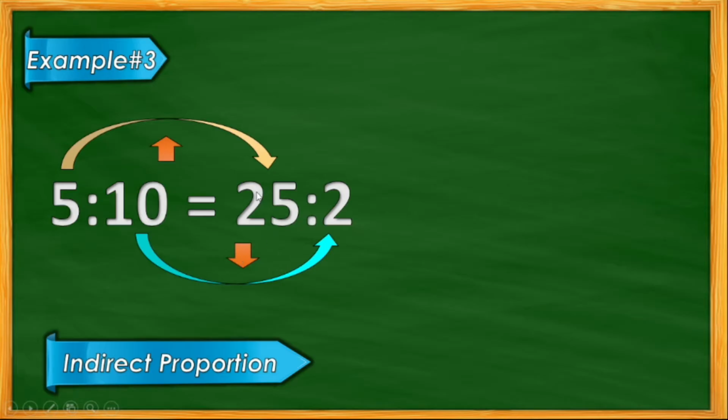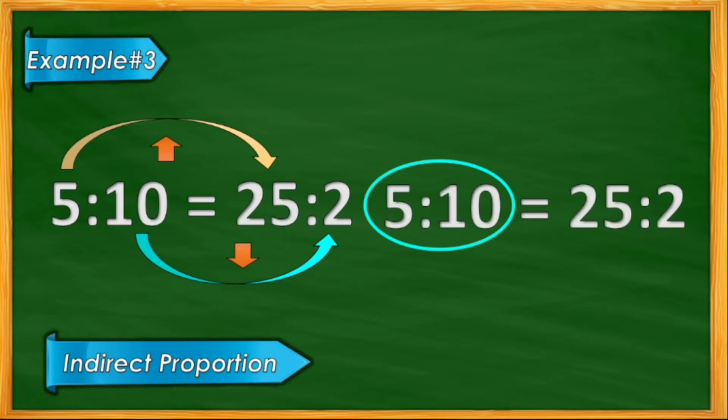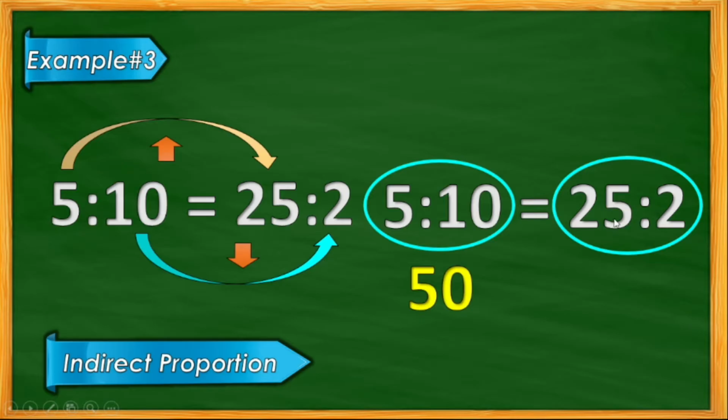So this example is indirectly proportional. To check if the two ratios are a proportion, let's multiply 10 by 5, the answer is 50. And then 25 multiplied by 2, the answer is 50. This would be the process on how to check if the two ratios are a proportion in inverse proportion.